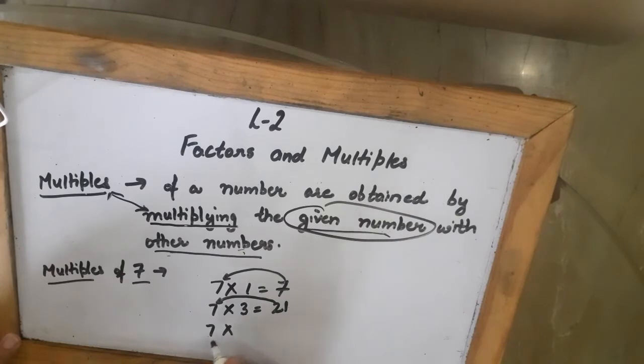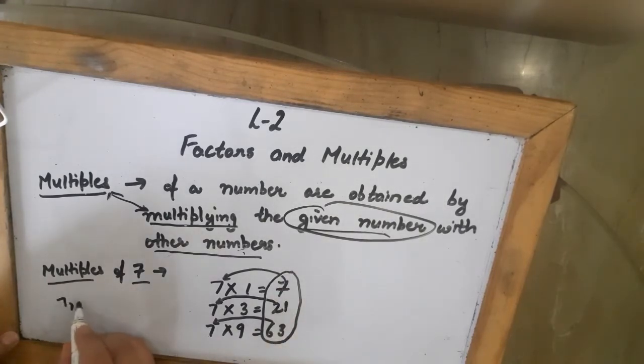I can multiply 7 with 9. 9 sevens are 63. So this 63 is a multiple of 7. So all these, 7, 21, 63, are multiples of 7.